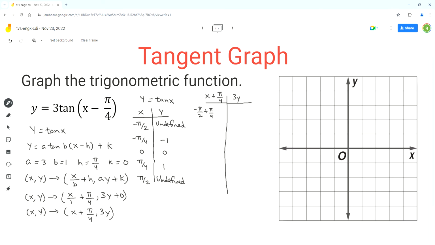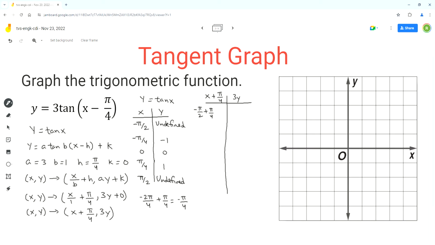So I can show you the steps on the side. Negative pi over 2 can be written as negative 2 pi over 4. We can multiply the numerator and the denominator by 2 to get the common denominator 4, and this is equal to negative pi over 4, because we combine the numerator terms.